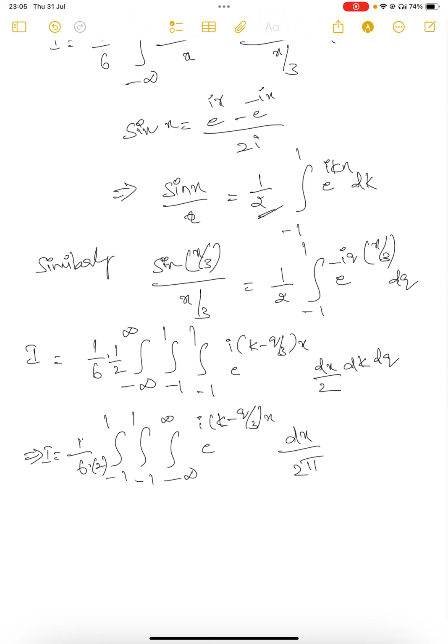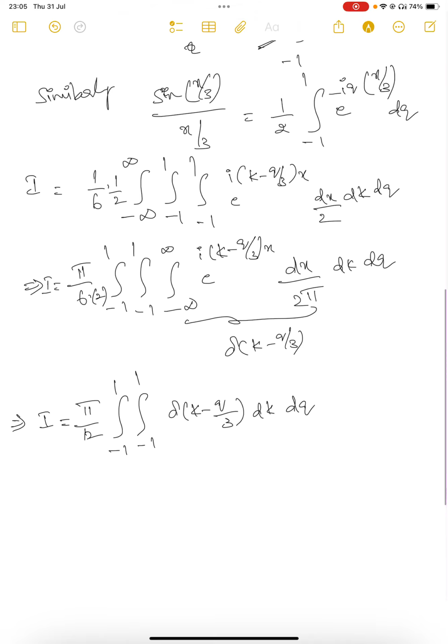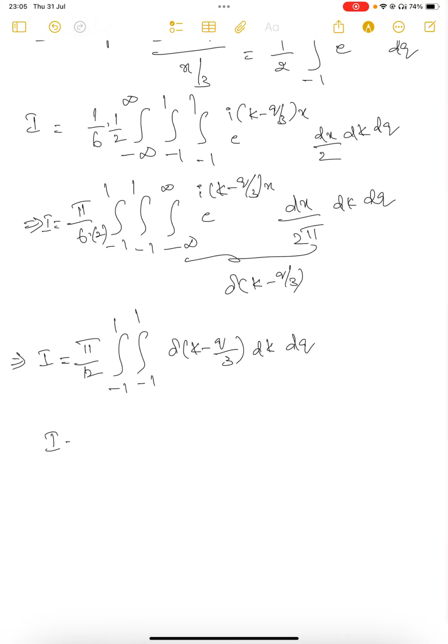Multiply and divide by pi so that you can use this formula. This is the formula for the delta function. Right? Then I becomes pi by 12 integral minus 1 to 1 integral minus 1 to 1 delta of k minus q by 3 dk dq. Then I equal to pi by 12, and with k equal to q by 3, dk gives 1, right?